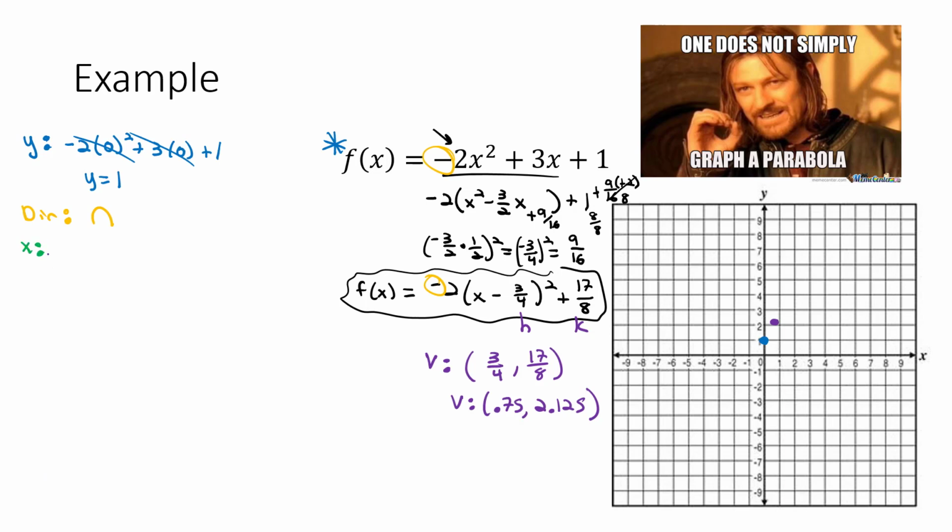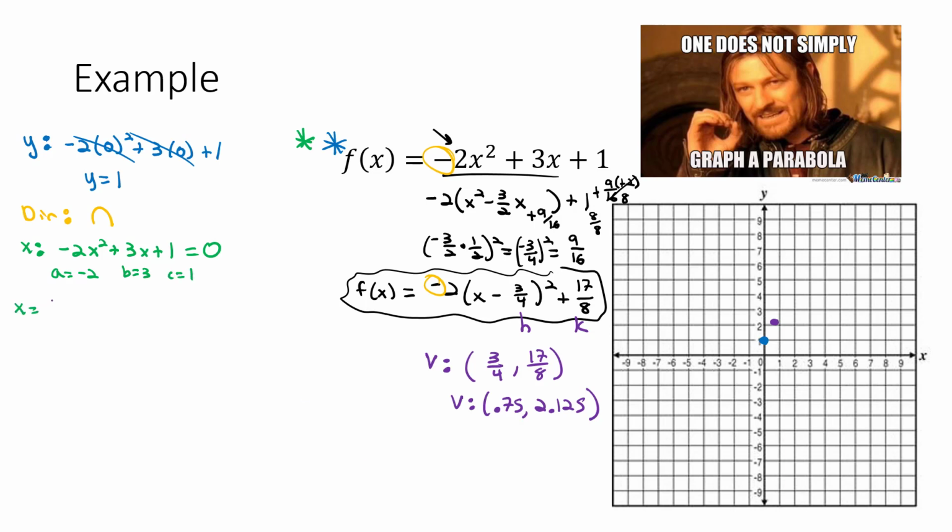And we could go either way for the x-intercept. I'm going to go to the original equation again for the x-intercept, because with negative 2x squared plus 3x plus 1 equals 0, we can use the quadratic formula where a equals negative 2, b equals 3, and c equals 1.